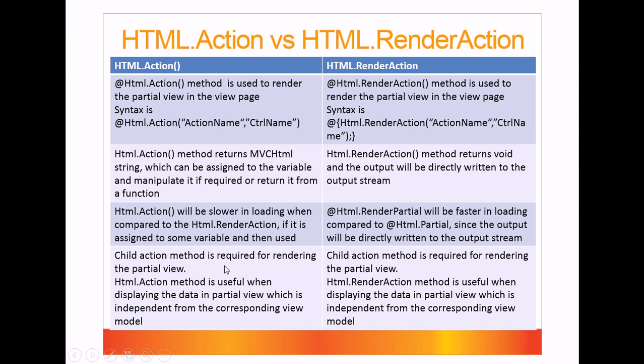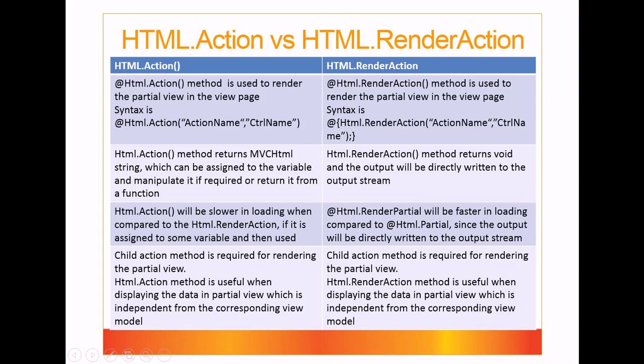Whenever an action method is present and you want to render the partial view via the action method, you need to call these methods from the view. Also, @Html.Action and RenderAction methods are useful when displaying data in the partial view which is independent from the corresponding view model.